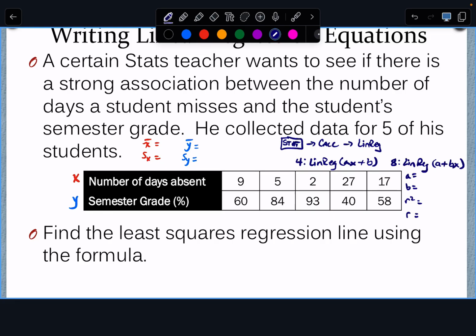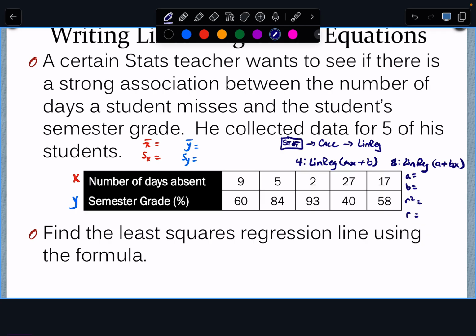When you run it, you should get y hat equals A plus BX at the top. Then it gives you the values for A, for B, and correlation squared and correlation. For right now, we're not interested in correlation squared or correlation. We'll talk about those later. We're looking at A and B. So for this particular example, what is the A value given in the calculator?